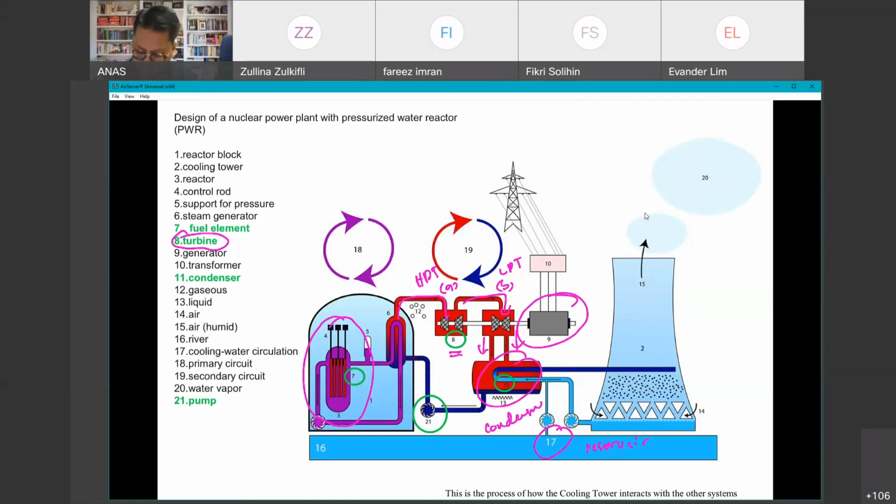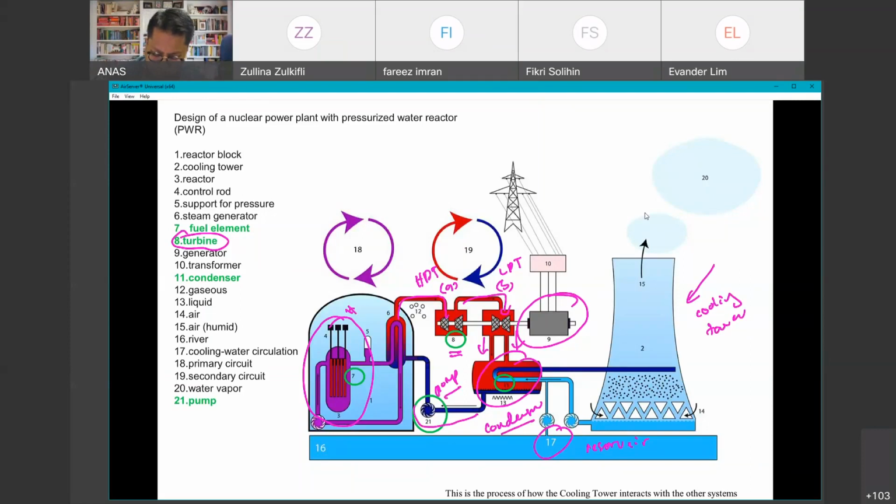To do that, they use this number 15. This is basically the cooling tower. Okay? Cooling tower, basically to remove the temperature into the environment. Okay? And then the cycle will proceed again with, this is the pump, condenser, pump.